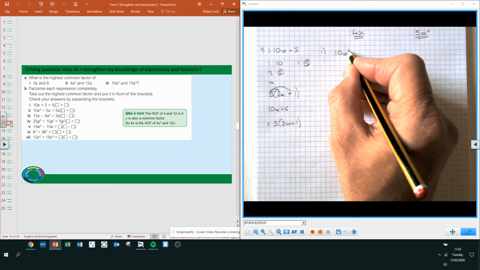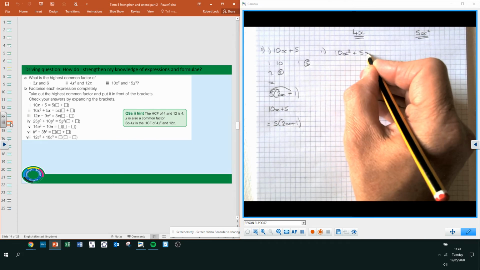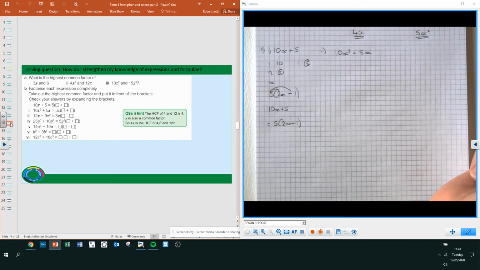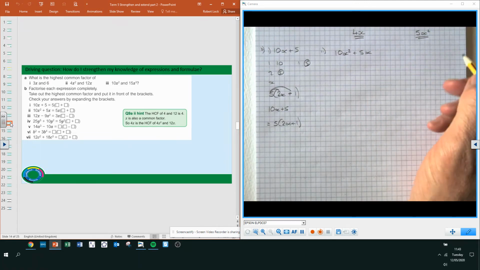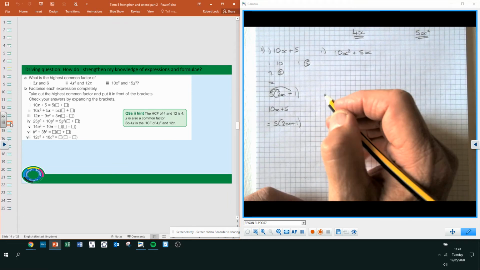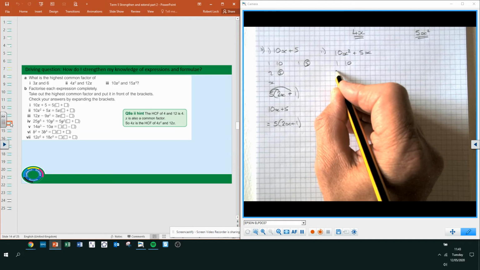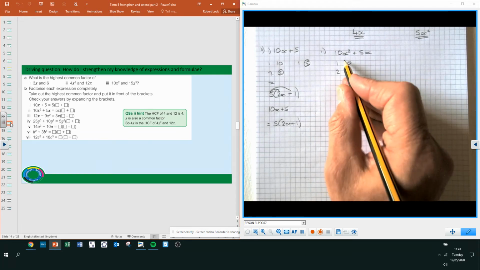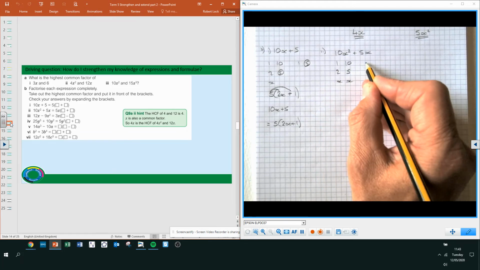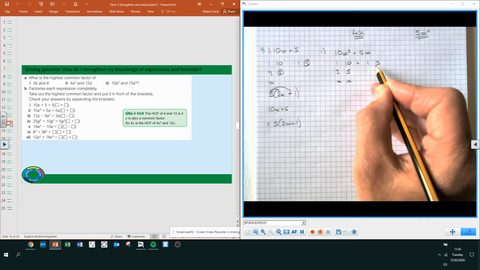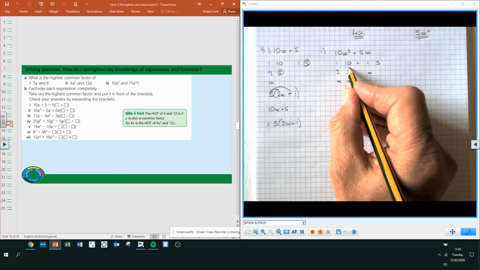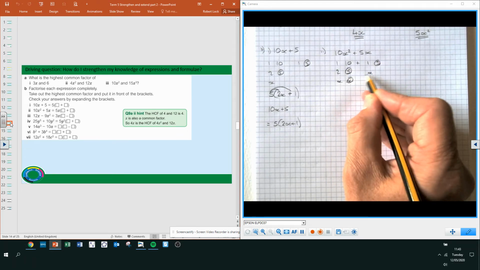10x squared plus 5x. First thing we need to do is find the highest common factor. Factors of 10: 1 and 10, 2 and 5, x and x. Factors of 5x: 1 and 5, and x. 5 is common to both and x is common to both.